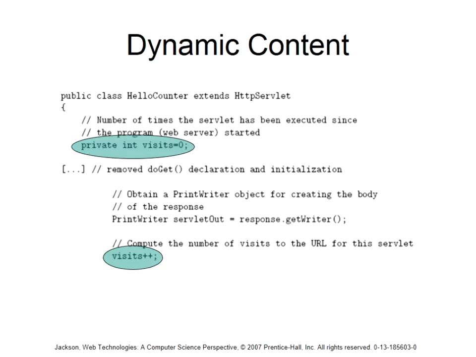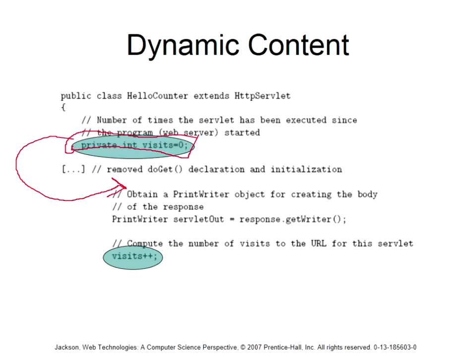So if I write this instruction, private int visits equals 0, inside doGet, in this case, for the first execution, I will obtain 1. For the second execution, I will obtain 1, etc. Only 1.